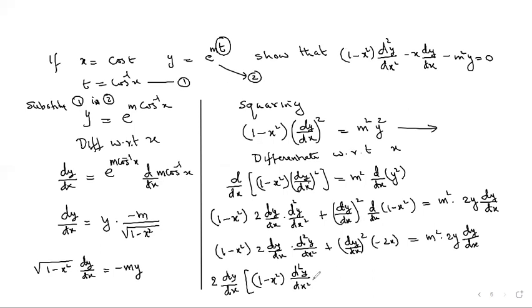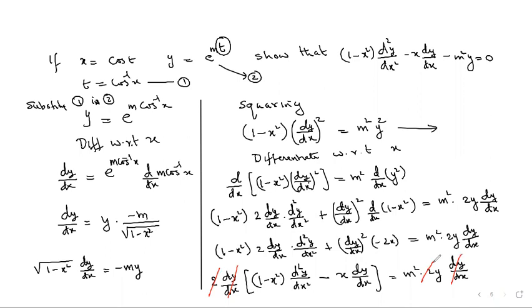So I have taken 2 dy by dx common. Now just cancel off this 2 dy by dx from both sides, and that is your answer. That is the benefit of squaring and differentiating.